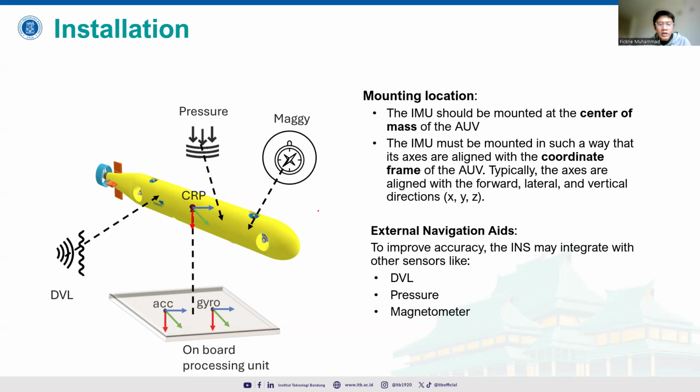We can also rely on other sensors like a pressure sensor or barometer, so that every time we lose position based on the IMU, we directly link it to our other sensor, so that the position can always be continuously estimated.